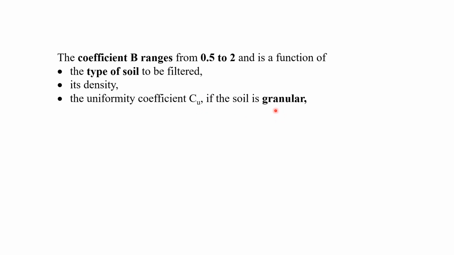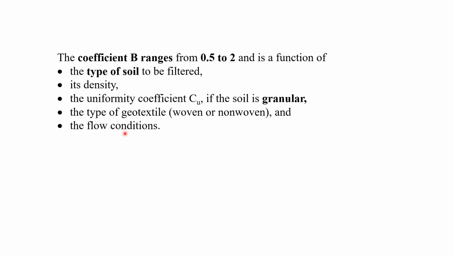If the soil is granular, the coefficient of uniformity, as we know, is equal to D60 divided by D10, right? B also depends upon the type of geotextile, whether woven or non-woven, and the flow conditions. Flow condition means whether it is steady flow or dynamic flow. So B depends upon these parameters, but it varies between 0.5 and 2.